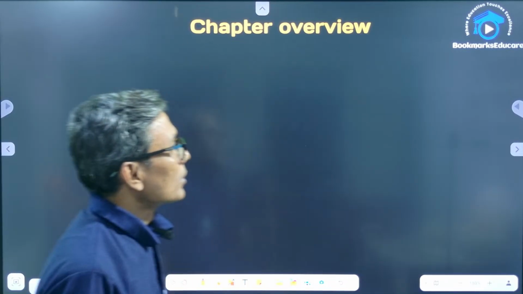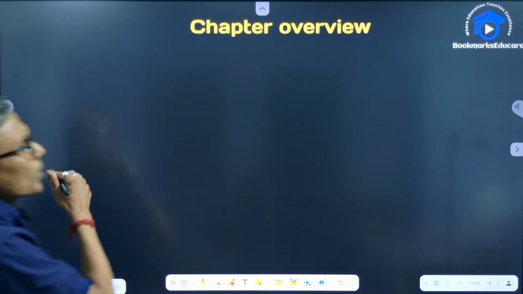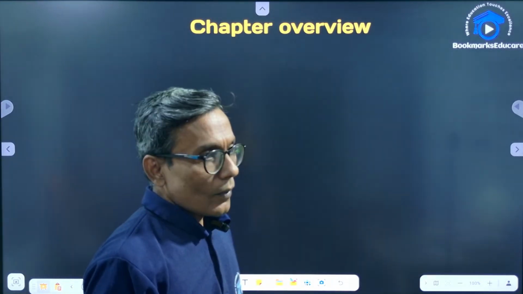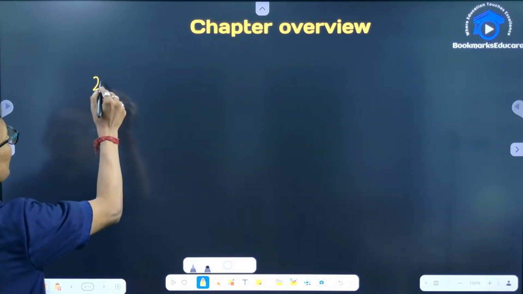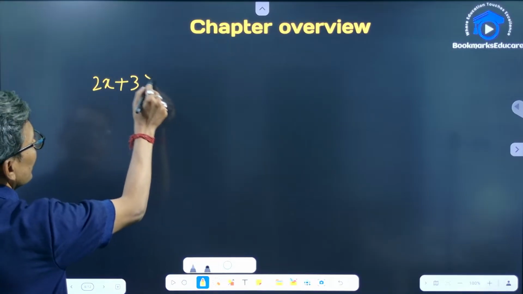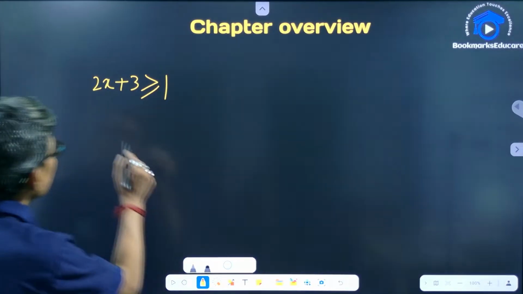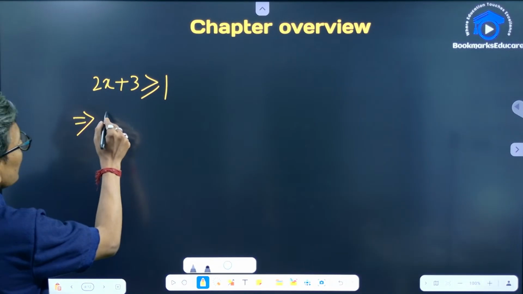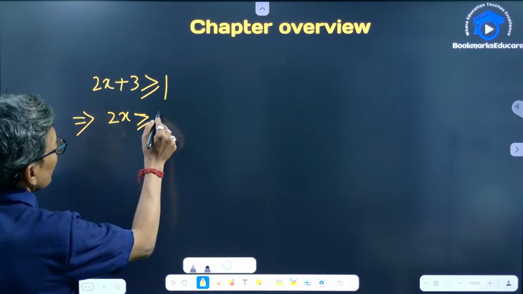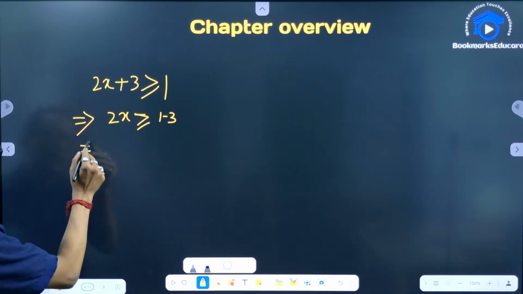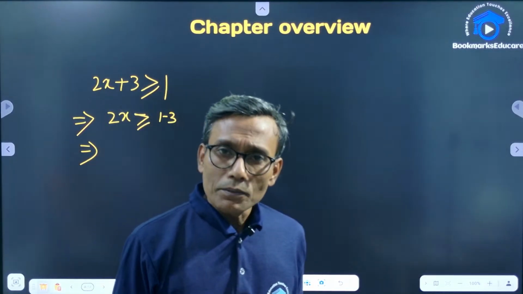Okay, suppose 2x plus 3 is greater than or equal to 1. So everything is as it is in the case of an equation.